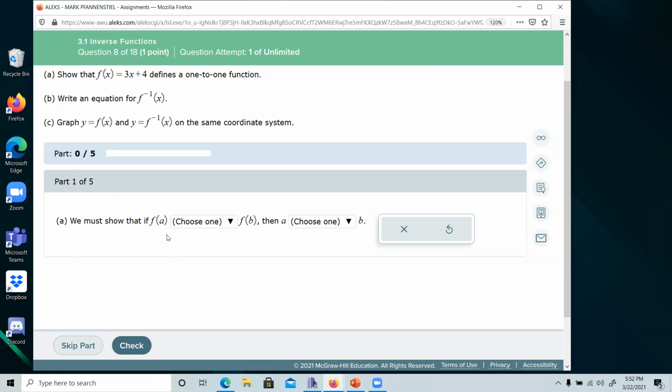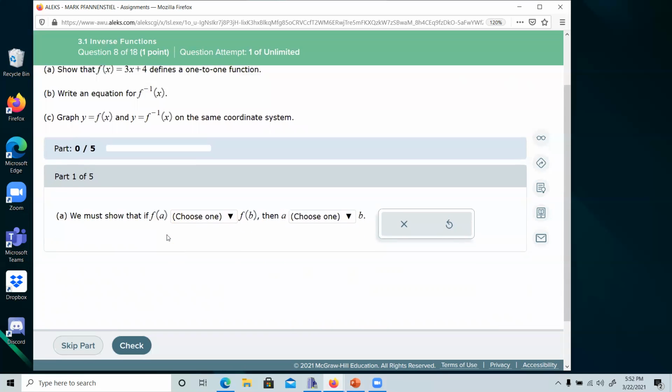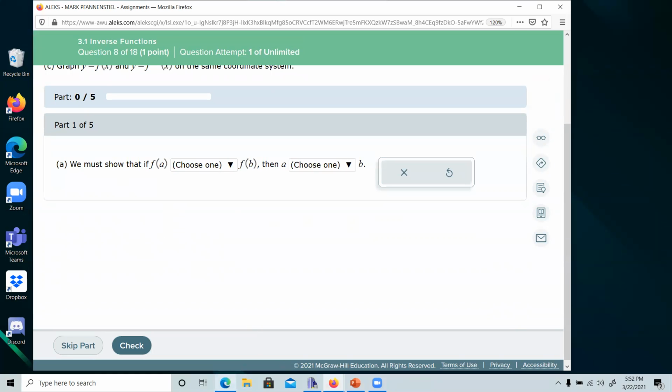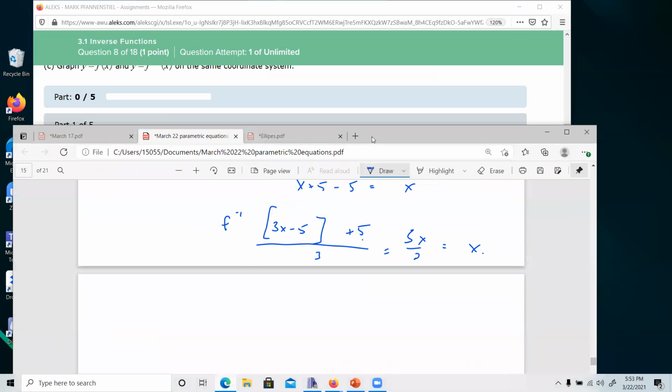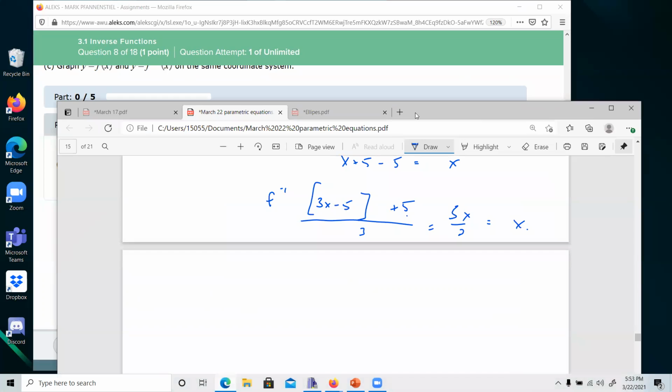Oh, okay. They're going to be a little bit more formal about defining a one-to-one function. So they want the formal definition here, and I will never ask you for the formal definition. So if a is not equal to b, then f of a is not the same as f of b.